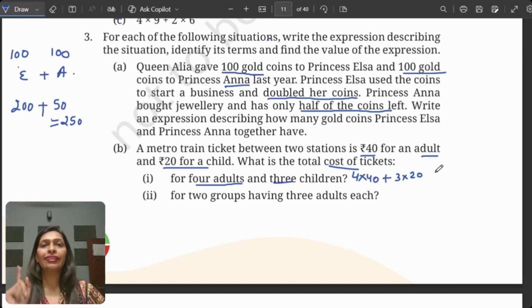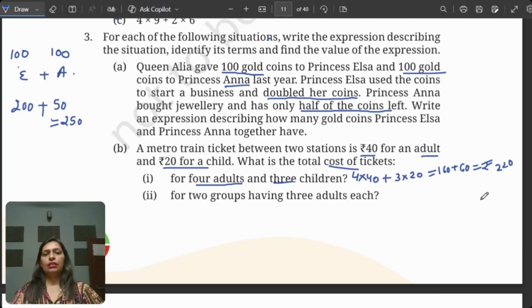We don't just have to write the expression, we have to find the total cost also. It means we have to find the value of it. So 4 into 40 is 160, plus this is 60. So the cost that they are going to pay is 220 rupees.